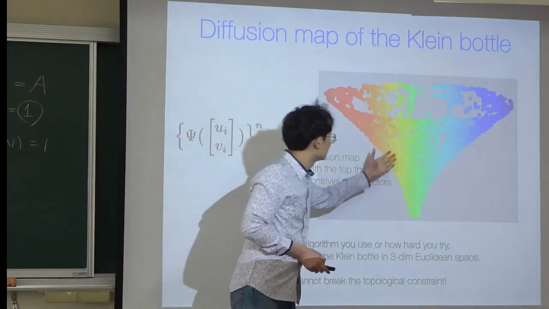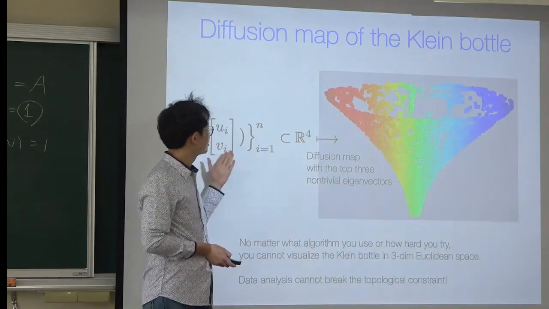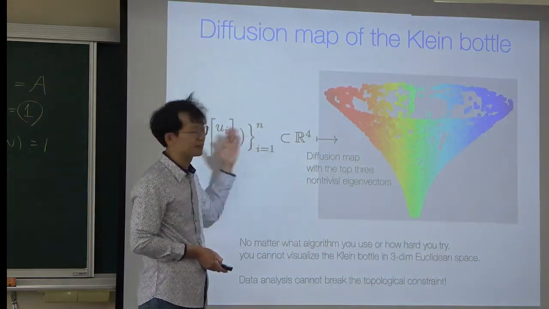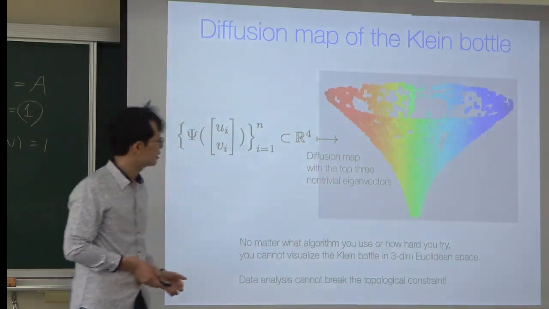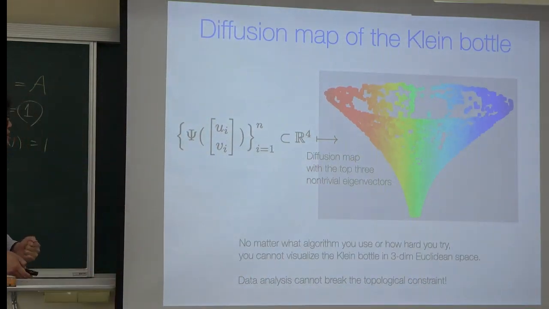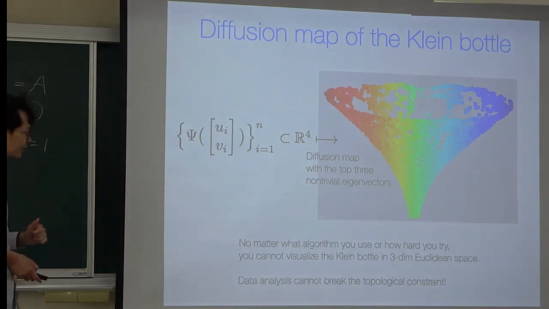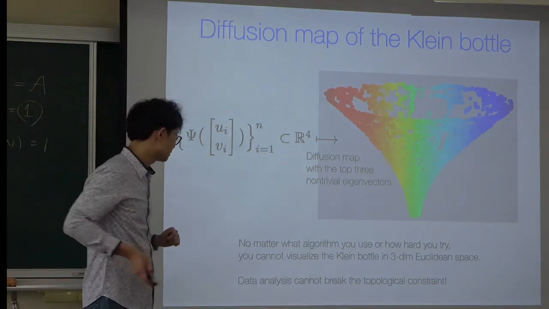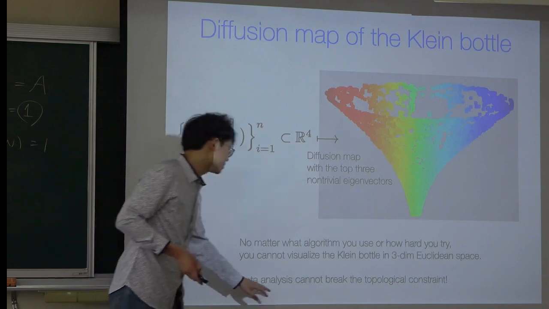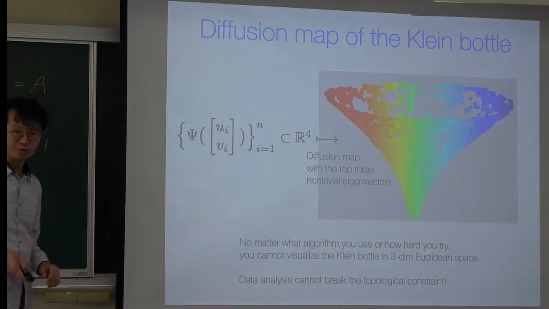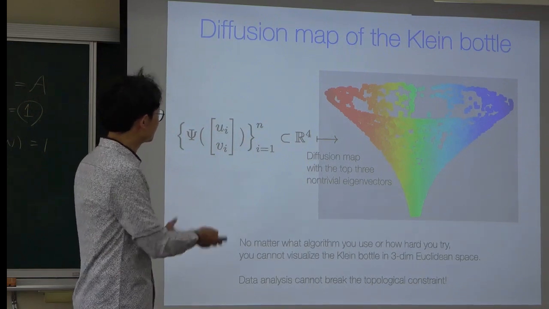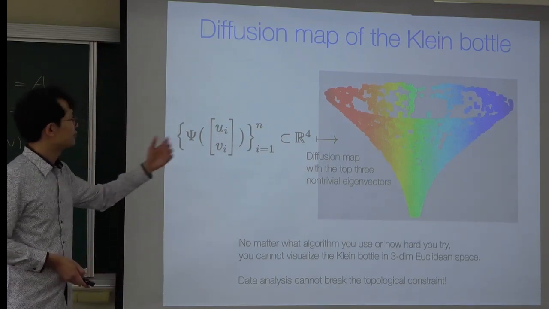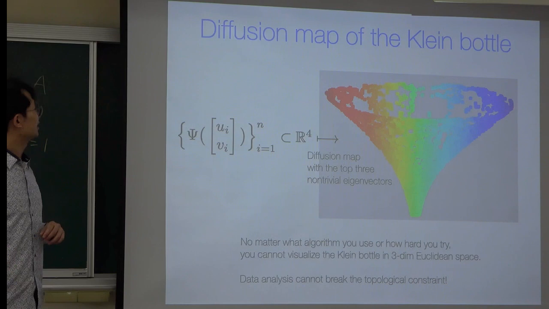This is why trying to understand the theoretical foundation or limitation is so important when you analyze most of the geometric algorithms. Otherwise, you may get a wrong impression out of it. So data analysis cannot break the topological constraint. That is very important. And if you don't understand this basic notion, then you may run into some crazy conclusions.